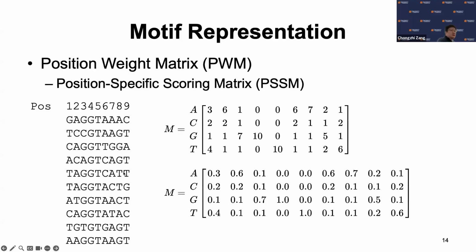In the early years, there was a type of biotechnology to measure this. It's called the protein binding microarray, or PBM. In that technology, people design different types of short DNA sequences or oligos, and they design a microarray and then add the transcription factor proteins to this entire microarray to see which of the sequences the proteins can bind and give us different signals.